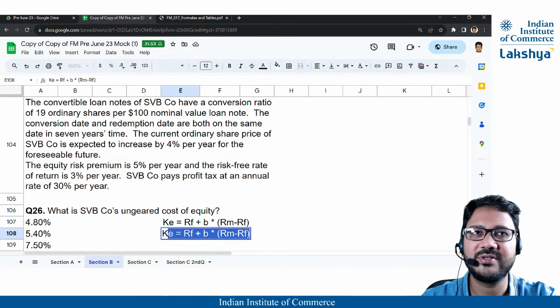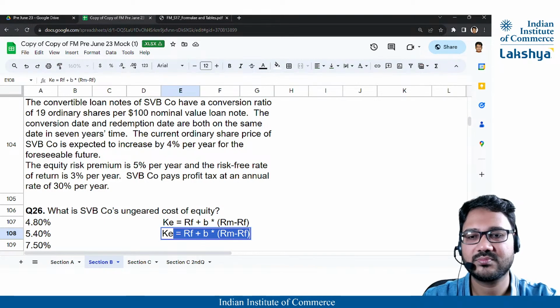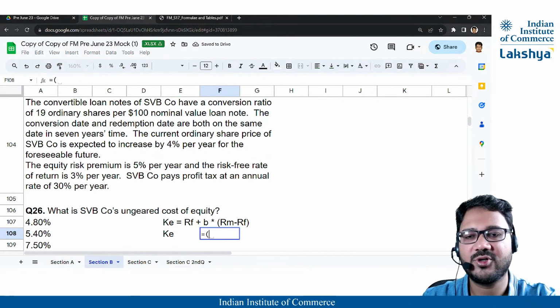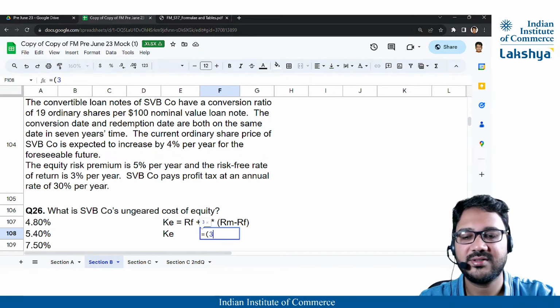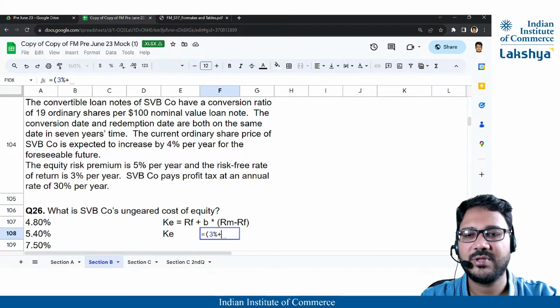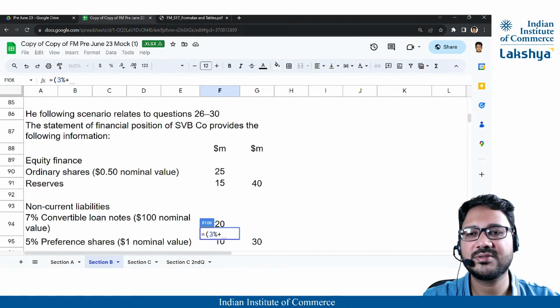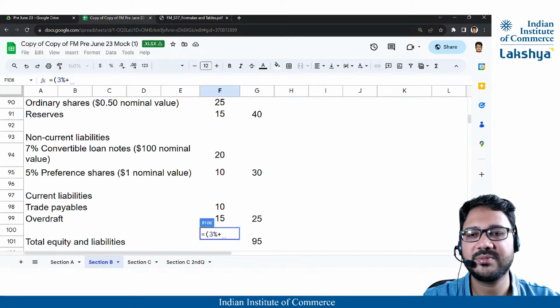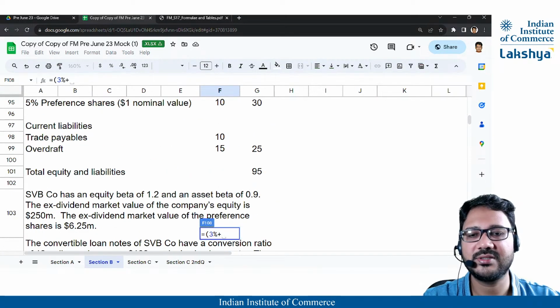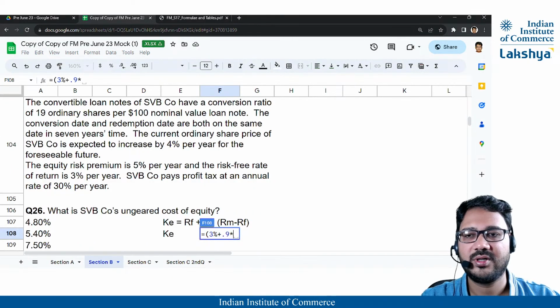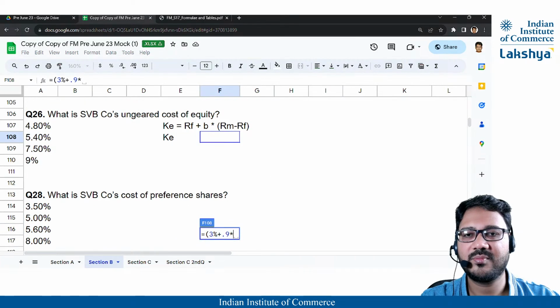So cost of equity will be, let's see what information we have. Risk-free rate is already given to us, 3%. Plus beta, now we want the ungeared beta, that is the asset beta. Asset beta is given, 0.9, into the market premium.